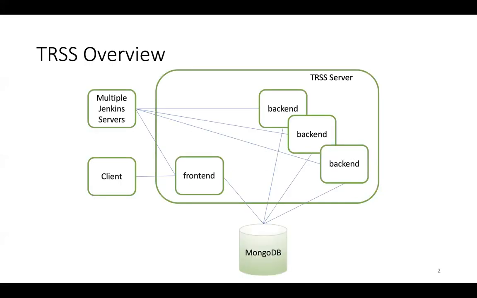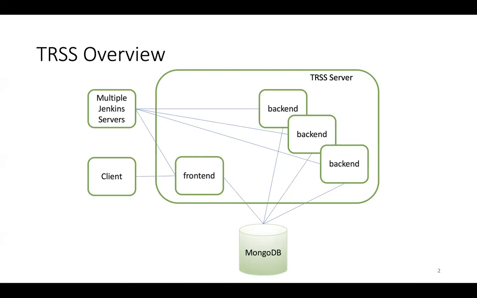So this is just an overview of how it works behind the scenes. We have a React client, and then the TRSS server side is really just a Node.js server. And we are doing multiprocessing.